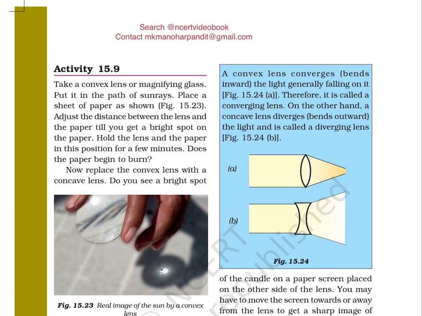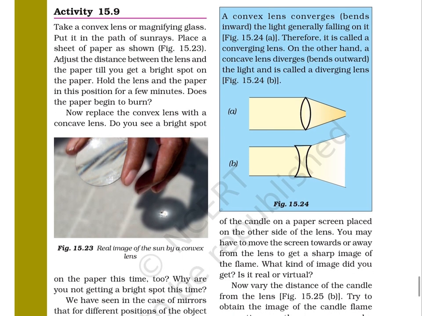Hold the lens and the paper in this position for a few minutes. Does the paper begin to burn? Now, replace the convex lens with a concave lens. Do you see a bright spot on the paper this time too? Why are you not getting a bright spot this time?